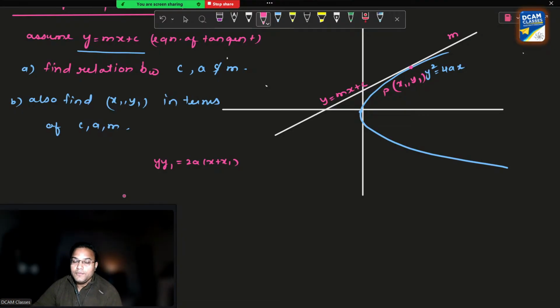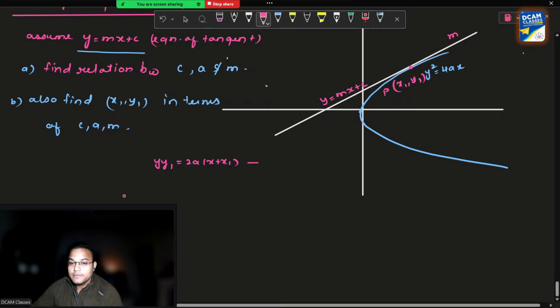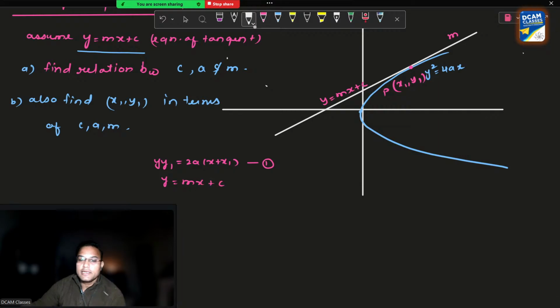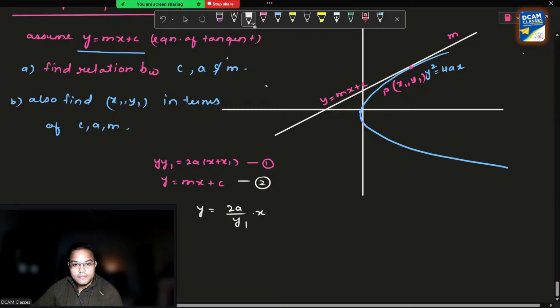Now you have to compare this equation 1 with y is equal to mx plus c, because both the equations are exactly the same. So I'll write equation 1 in the form of equation 2. I'll get y is equal to 2a by y1 into x plus 2a x1 by y1. This is actually y is equal to mx plus c.